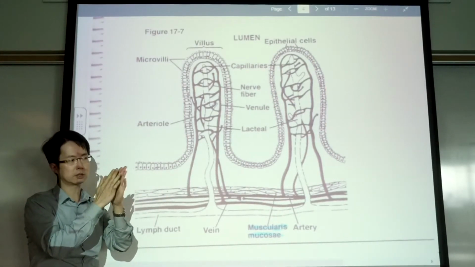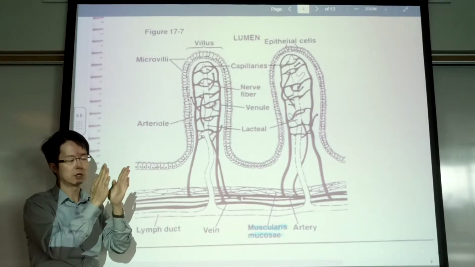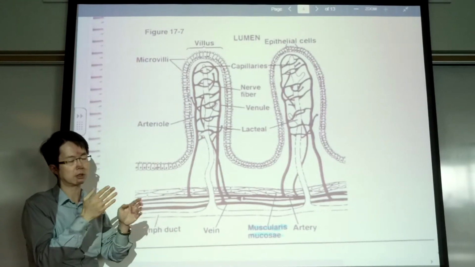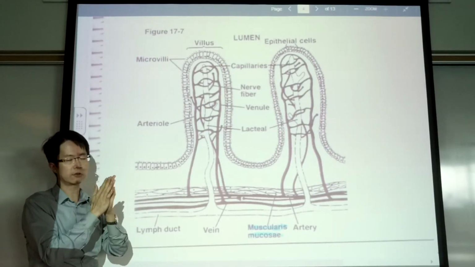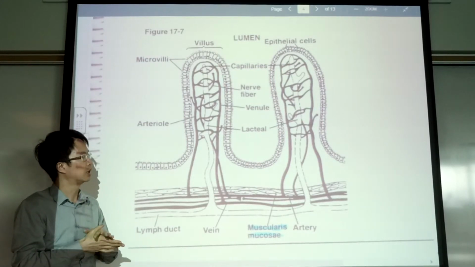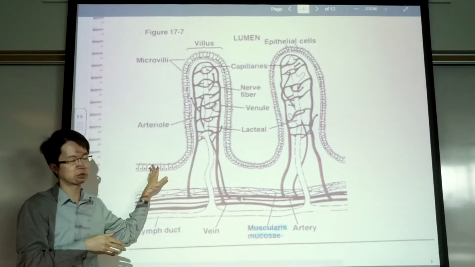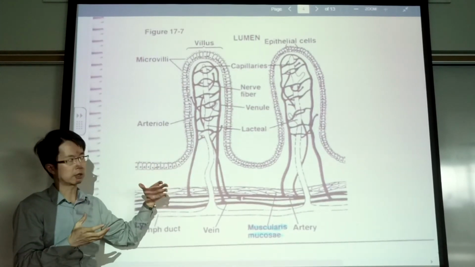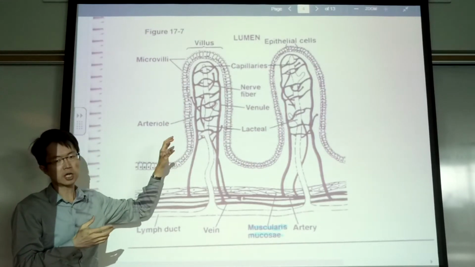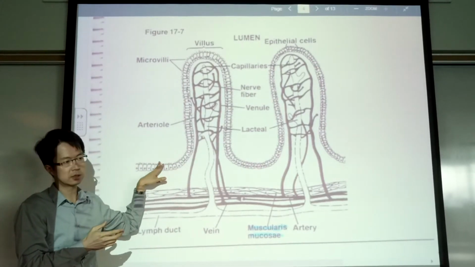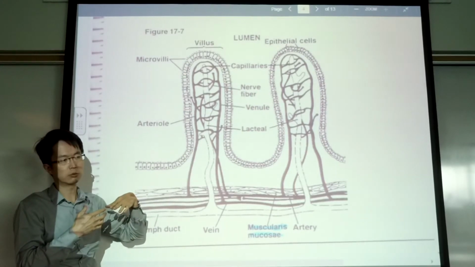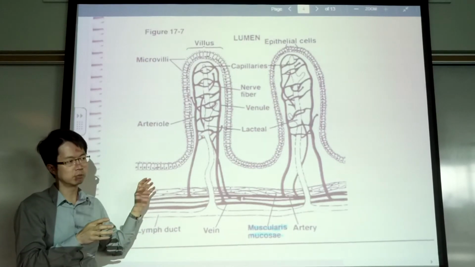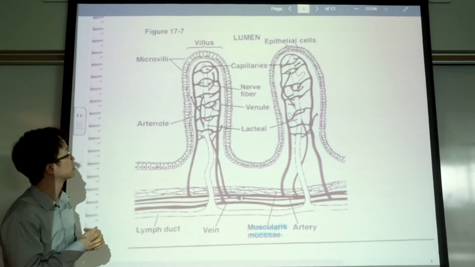Among the three types of epithelium, squamous, cuboidal, and columnar, columnar has the largest surface area to attach to each other, and it is the strongest epithelium, so that when food, which is a solid particle, goes through the lumen of the GI tract, the columnar epithelium can withstand the solid food moving along the GI tract.